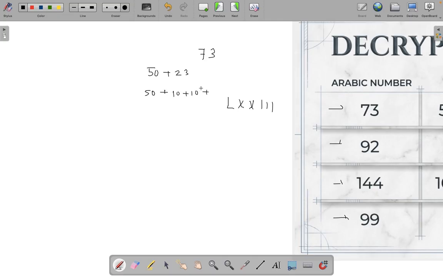When you are doing this for the first time, it is very important to write it like this. So 50 is L, then this is XX, and then this is III. Then you check whether it is violating any of the rules. I repeats only 3 times, so it is correct. X repeats 2 times, so this is correct. L is not violating any rules, because L is not subtracted from anything.